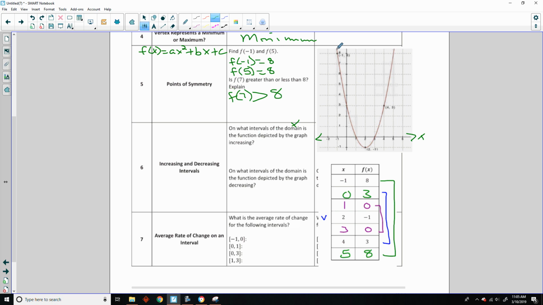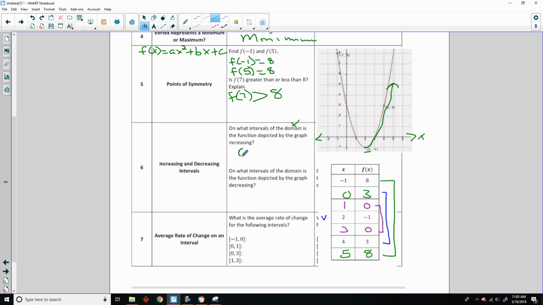So if I were to draw this line, am I going up or down right now? This is going down, so that's decreasing. When we get to the axis of symmetry vertex point, we turn and start to go up, and that's increasing. Well, it's increasing from here to infinity. So that is the point x is 2.